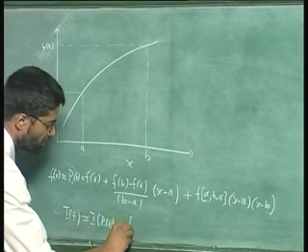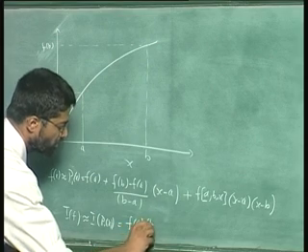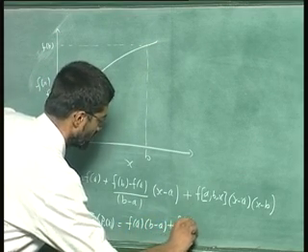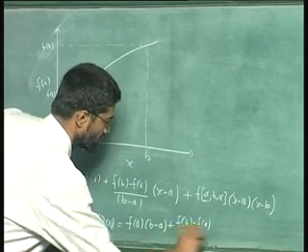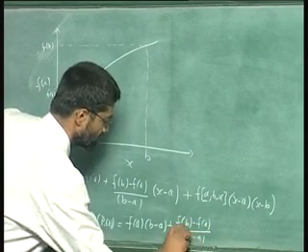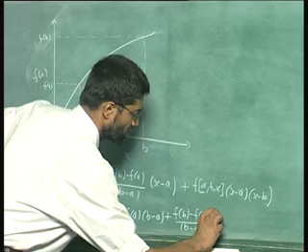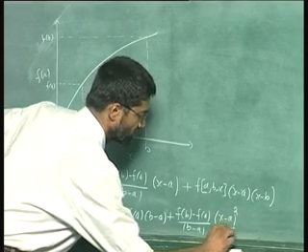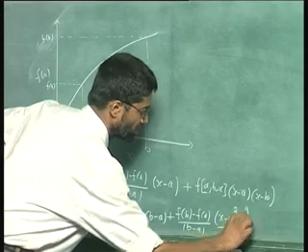So that is f of a into (b minus a) plus (f of b minus f of a) divided by (b minus a) into (x minus a) whole squared by 2, in the interval a to b.